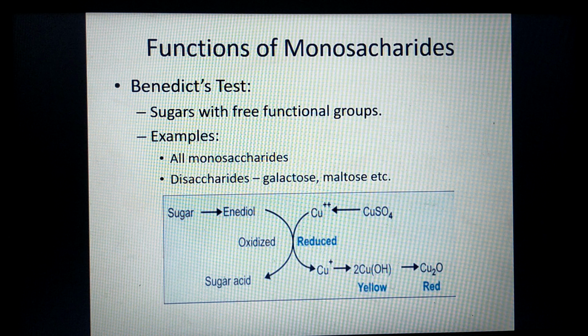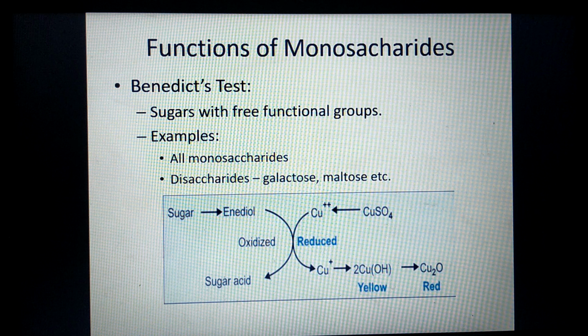This cuprous ion combines with OH group to form cuprous hydroxide, which has yellow color. After heating, this cuprous hydroxide undergoes dehydration to form cuprous oxide, which is red color.